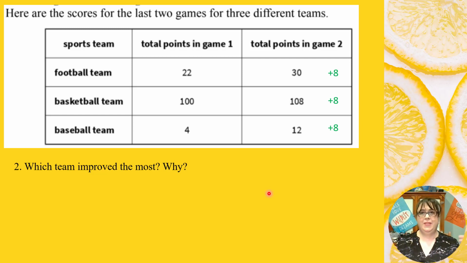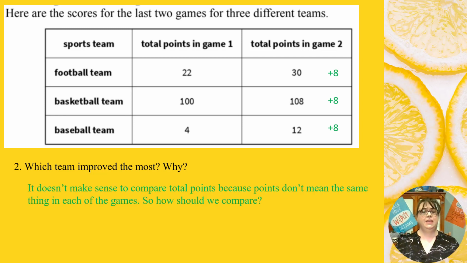And baseball teams, when they score a run, they only get 1. So for everybody it's different points. It's hard to tell who's actually improving, because a point doesn't mean the same thing for each game.